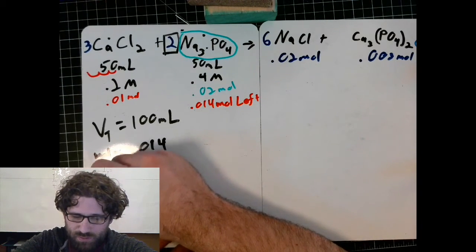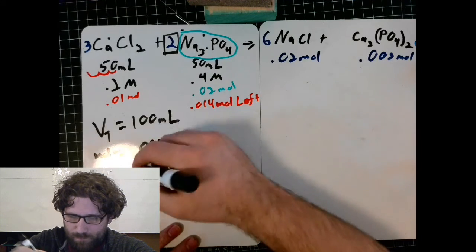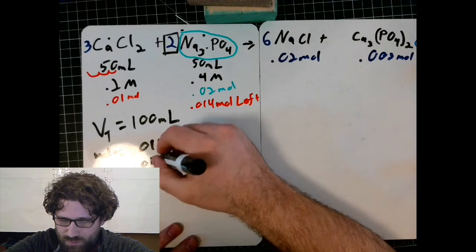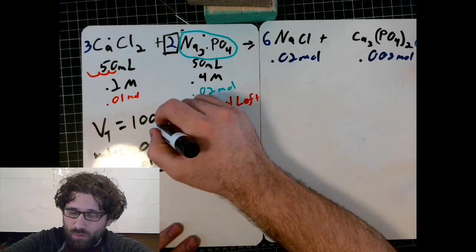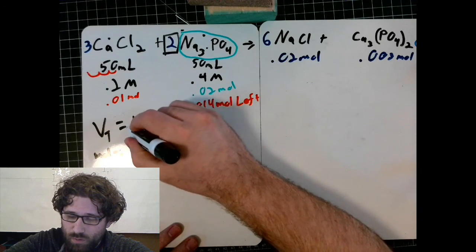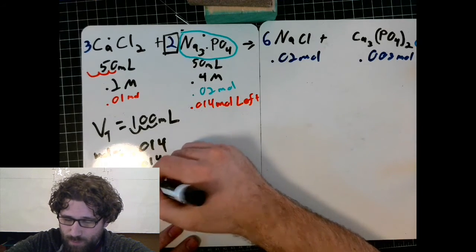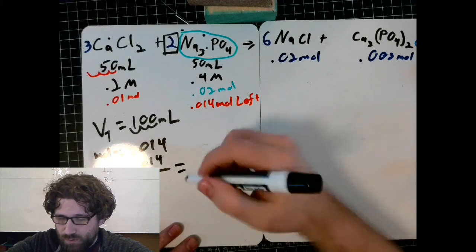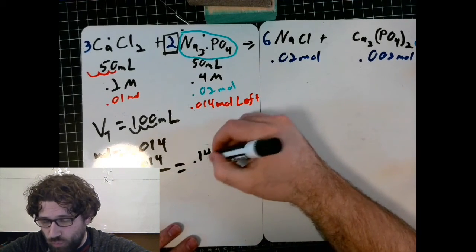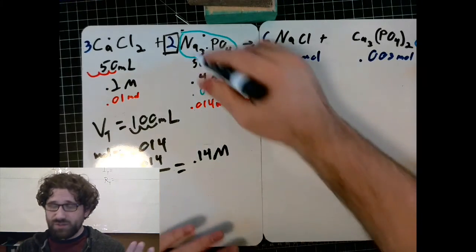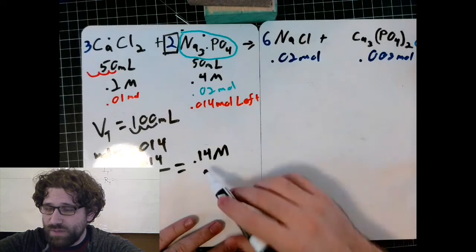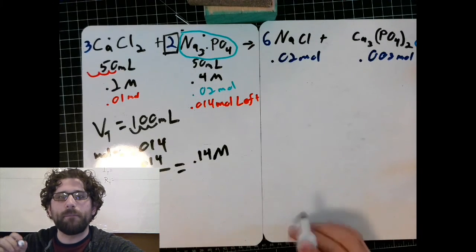So my concentration, let's use a capital M for that, is going to be 0.014 divided by, and now I need to use liters again, so move my decimal place 1, 2, 3, so divided by 0.1. So that's going to give me 0.14 molar. So the total concentration of Na3PO4 is 0.14 molar.